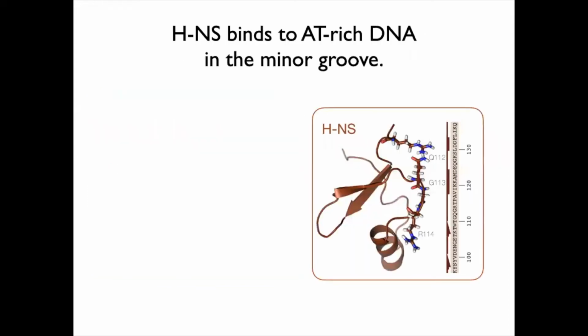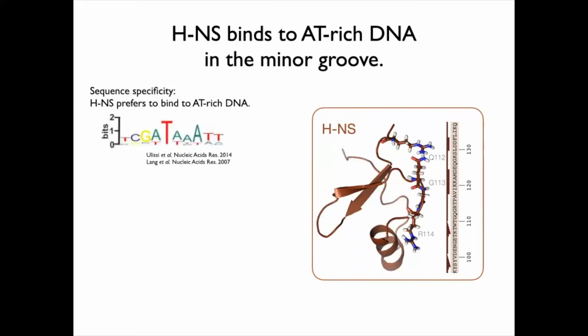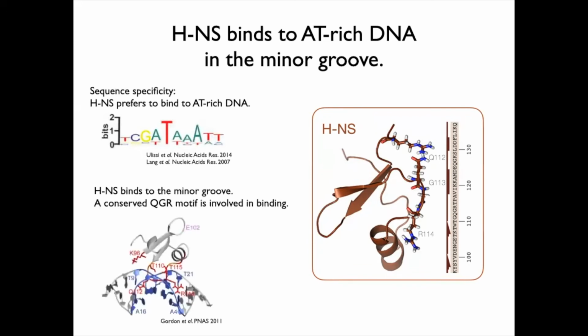As an example, go back to this H-NS protein that likes to bind to AT-rich DNA in the minor groove. This has been shown experimentally with lots of different experiments. Involved in this binding in the minor groove is a specific amino acid motif.